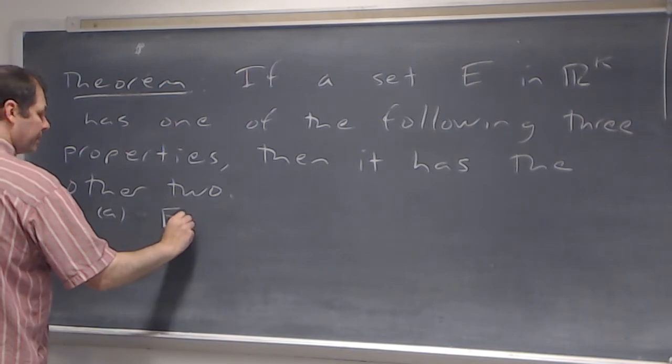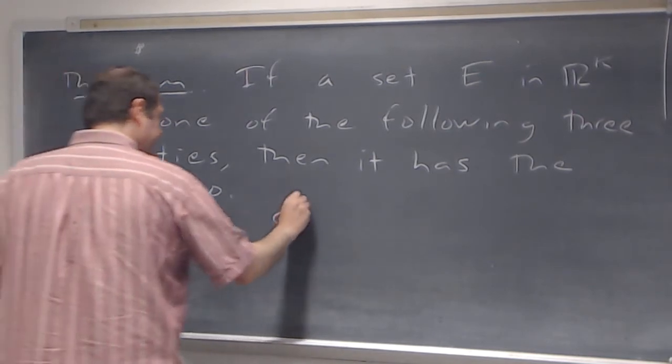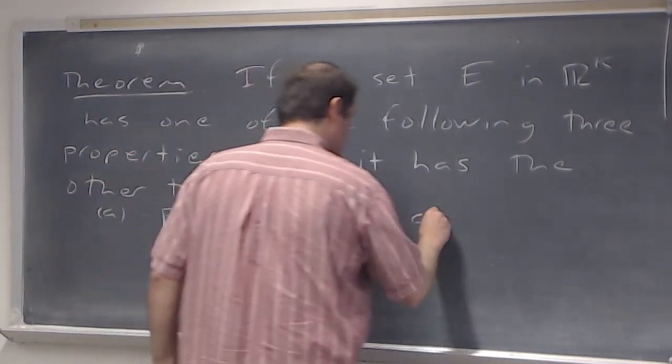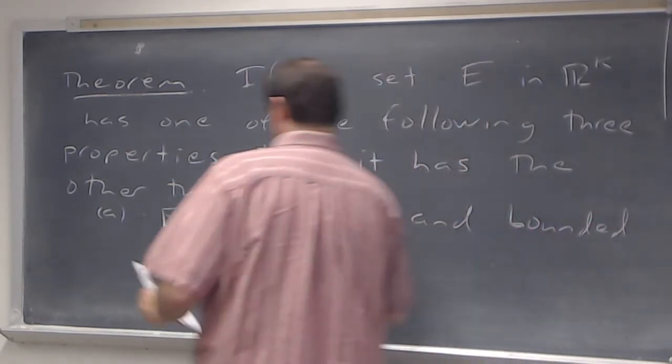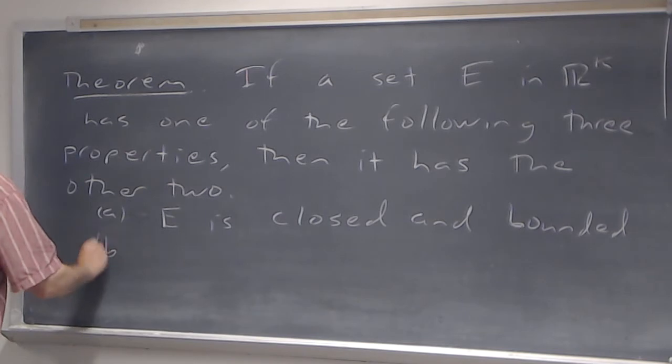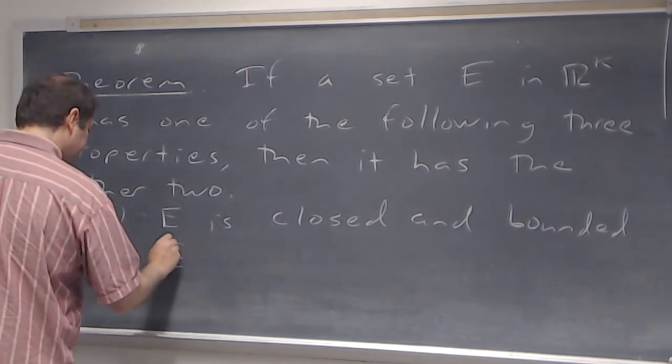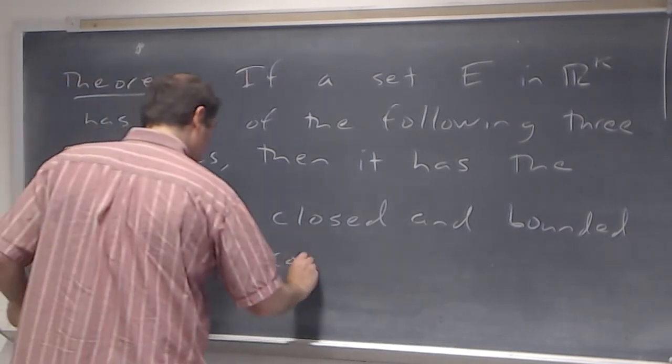And so here are the three properties. A, E is closed and bounded. B, E is compact.